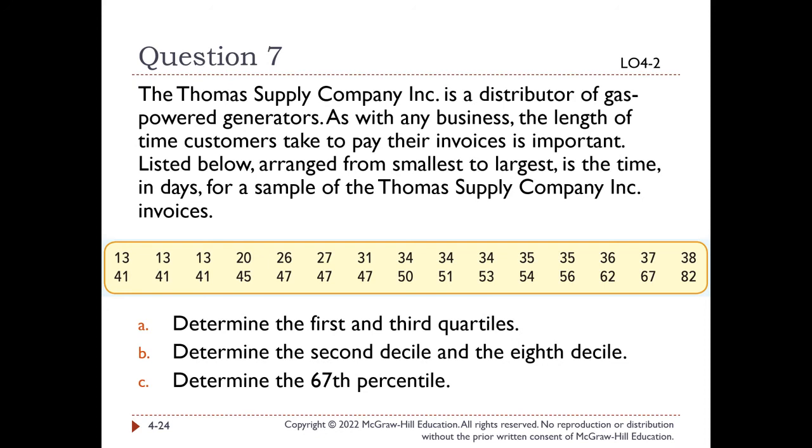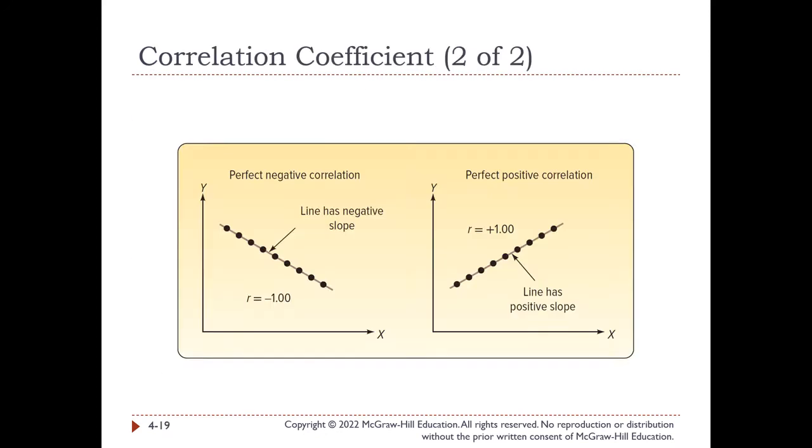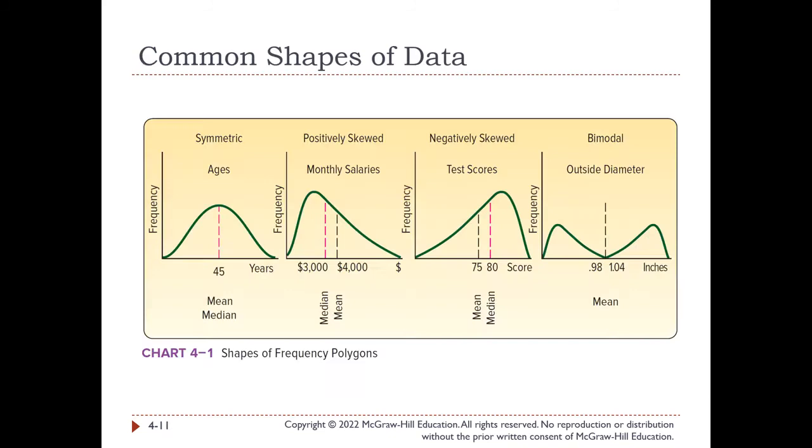Listed below, arranged from smallest to largest, is the time in days for a sample of the Thomas Supply Company Inc. invoices. Okay, so we're going to have to use some more formulas. Now, the cool thing is, it looks like they've already put it in least to greatest. So now, we got to go back and check out our formulas.